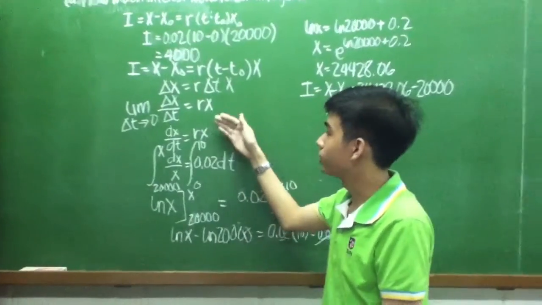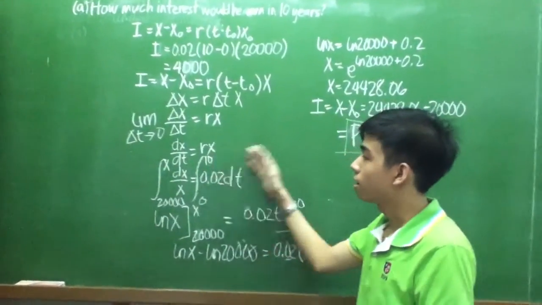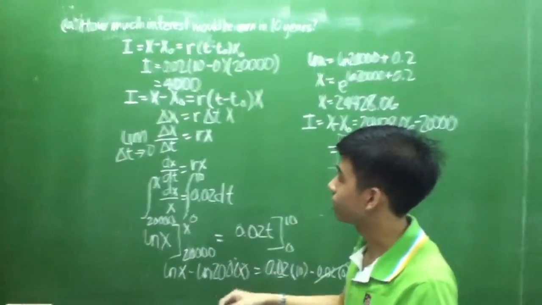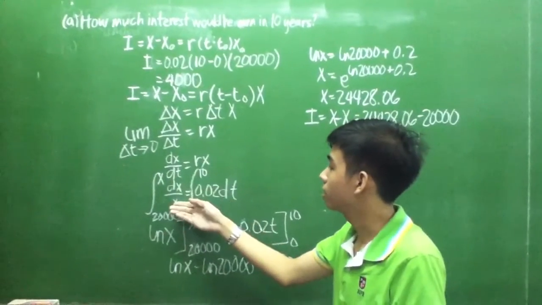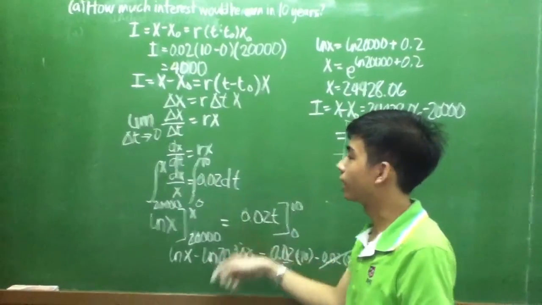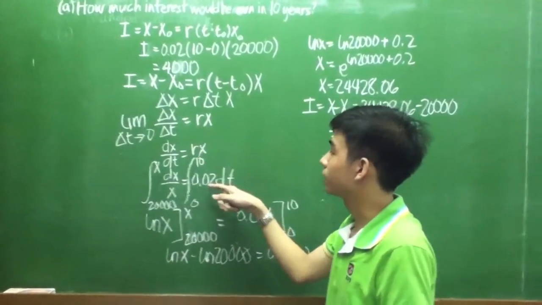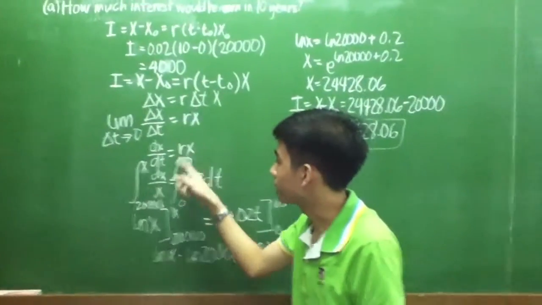But first, in order to do that, we should put all the x in the left side while all the t's on the right side. That's why I transpose the x here, and then the dt cross multiplied going there, and I just substitute the r to 0.02. Next, I integrate both sides.